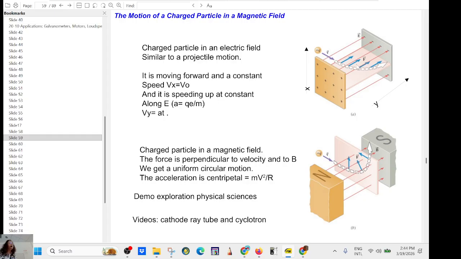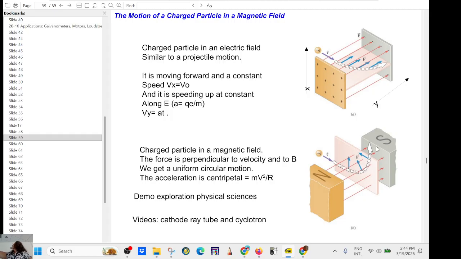Same thing here. Now, this is a high maintenance force. Not only do you need to have a charge, but it has to be moving. And you need to have the velocity perpendicular to the magnetic field. And the force will not accelerate the charge, it will deflect it.